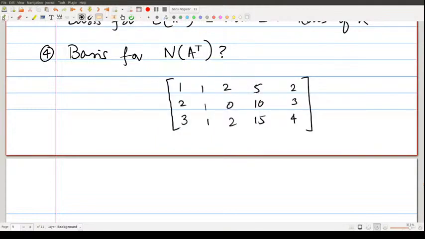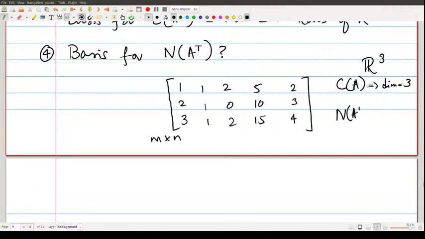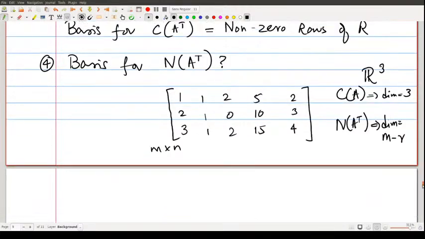This matrix is m by n. So I know the column space of A has dimension equal to 3 and it lies in R3. And I also know that the null space of A transpose lies in the same space, but it has dimension m minus R. This is what we concluded, right?